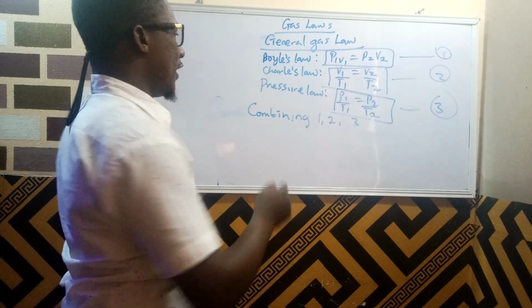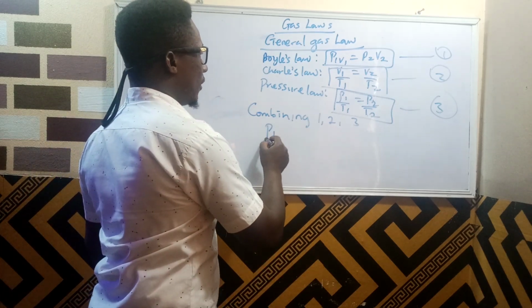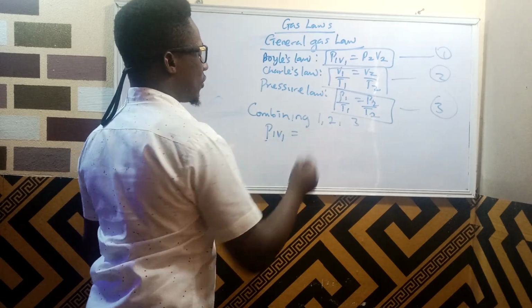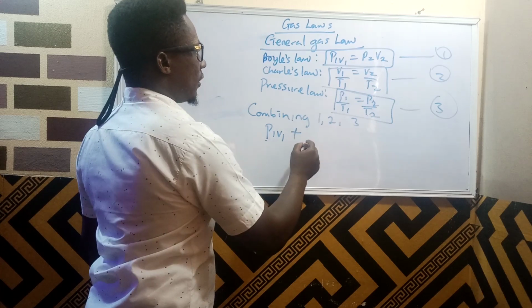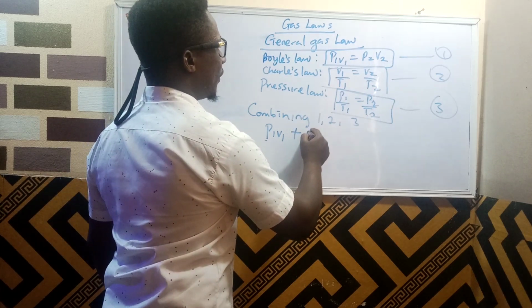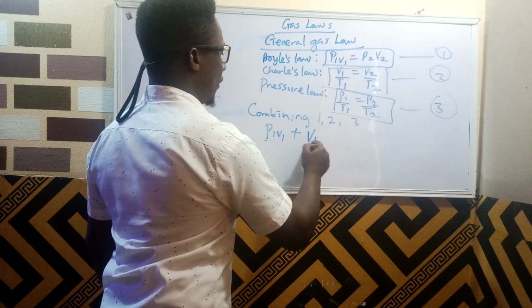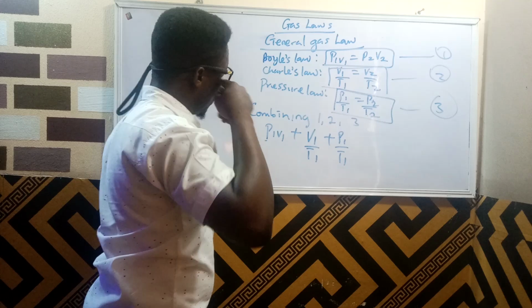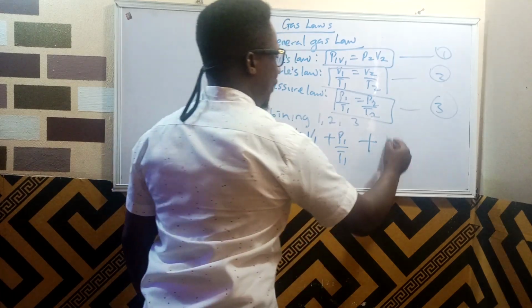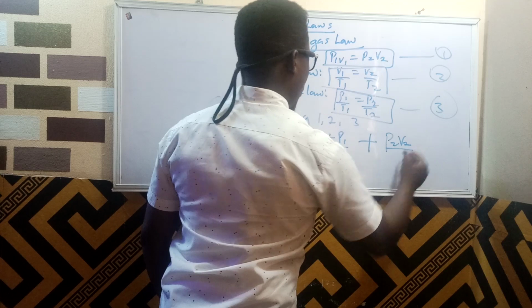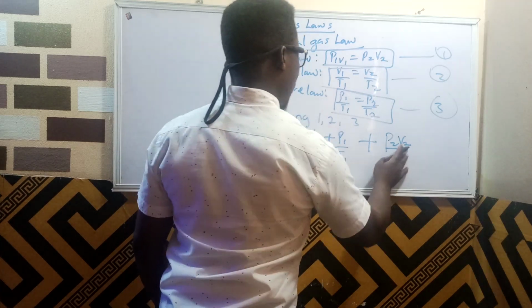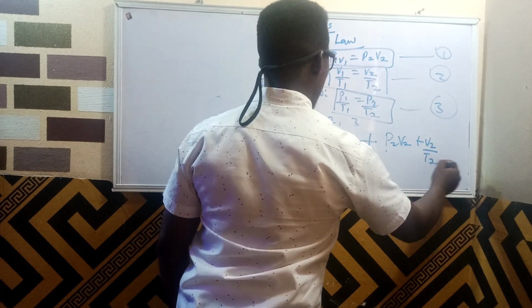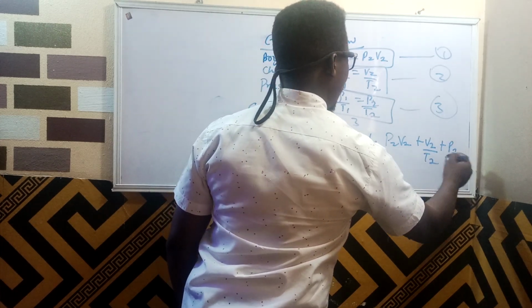Therefore, we can say P1 V1 is equal to, plus V1 over T1 plus P1 over T1, plus P2 V2 over, plus V2 over T2 plus P2 over T2.